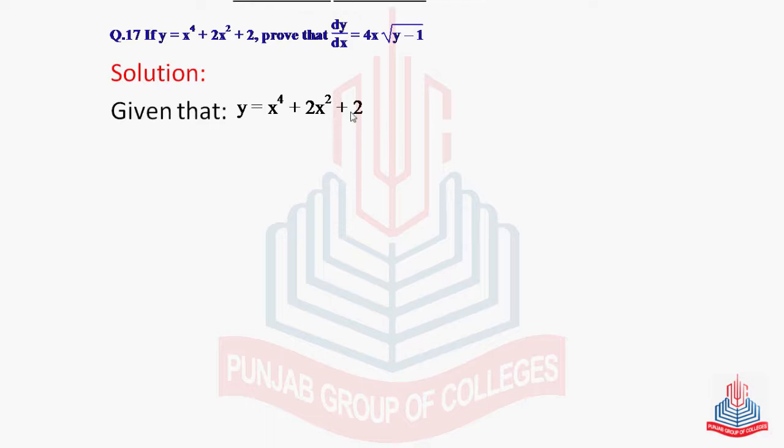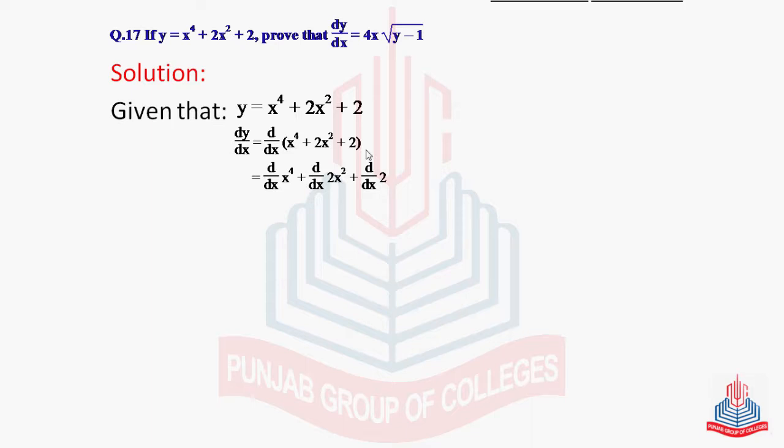By applying derivative on both sides, this will become dy by dx, and the derivative will apply on x^4 plus 2x square plus 2. Again, using our sum theorem, the derivative will apply separately on these three terms: derivative of x^4, derivative of 2x square, and derivative of 2. So by applying derivative on x^4, that will become 4x raised to the power 4 minus 1, which is 3, plus this 2 will come out of the derivative.